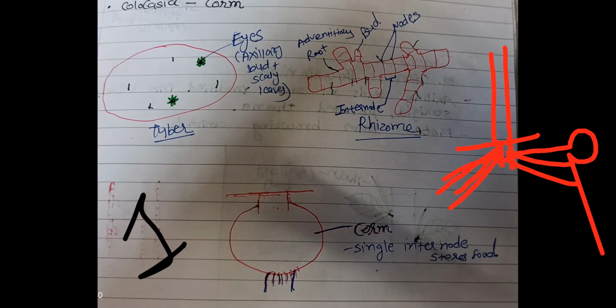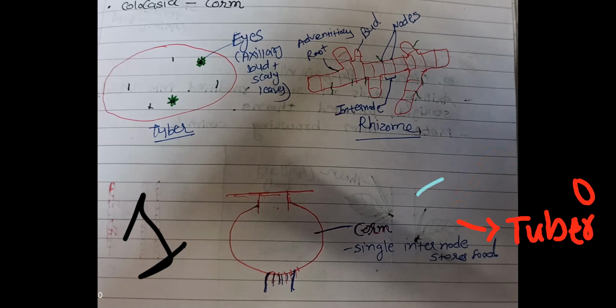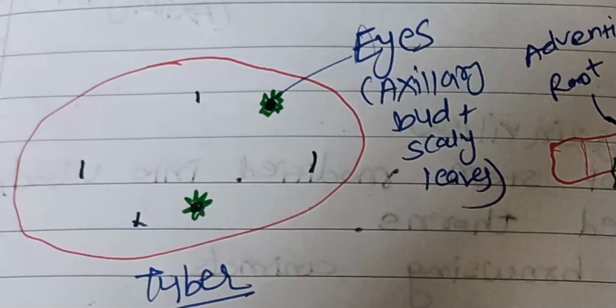Food gets stored and it becomes swollen. At the tip part of the branches, food gets stored and it becomes a swollen structure. This swollen structure that we call potato, scientifically we call a tuber.